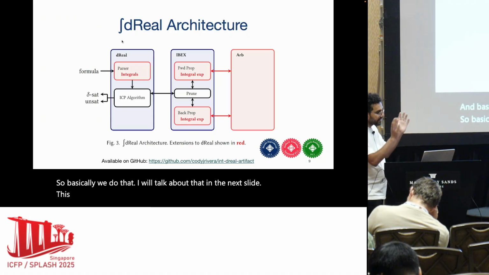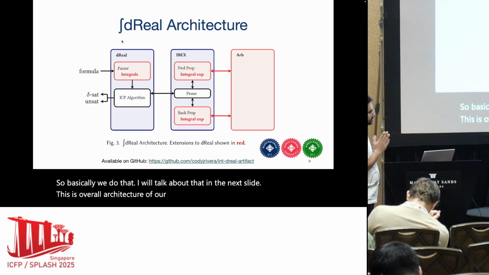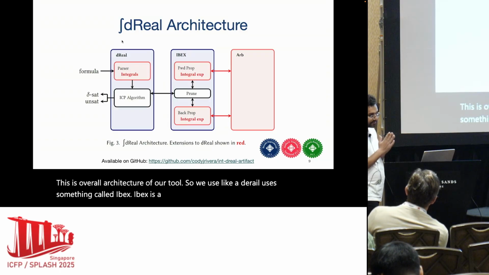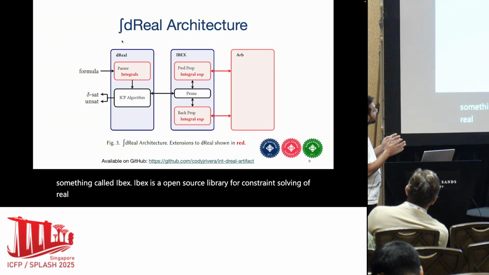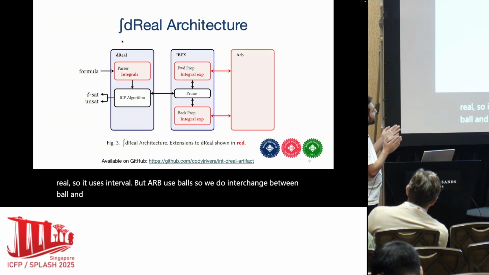This is the overall architecture of our tool. dReal uses something called IBEX. IBEX is an open source library for constraint solving over the reals. It uses intervals, but ARB uses balls, so we interchange between ball and interval in our tool.